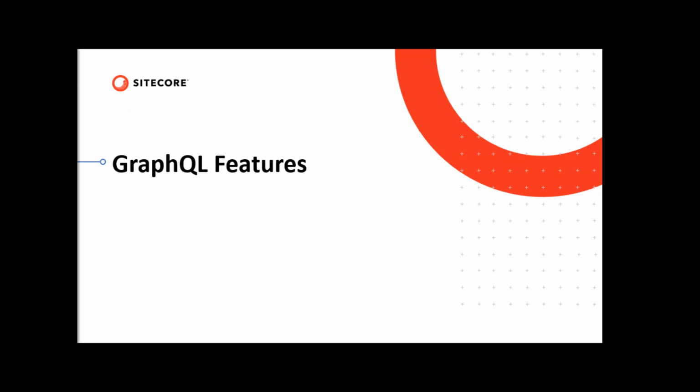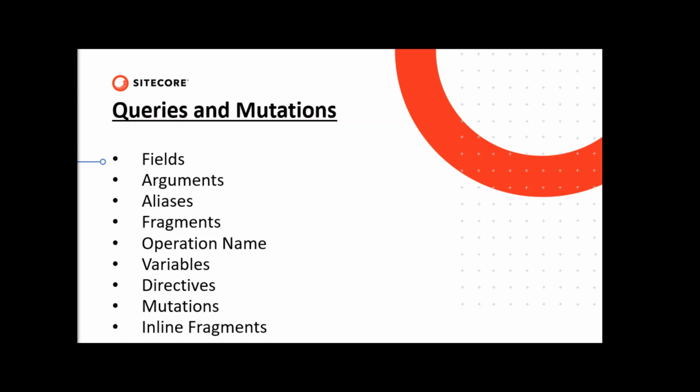For GraphQL features, there are many of them. On top of the specification, there are queries and mutations. The mutations are basically the actions where you want to update or delete or even insert into your database. So that's called mutation. Queries are simply how you want to fetch your data.